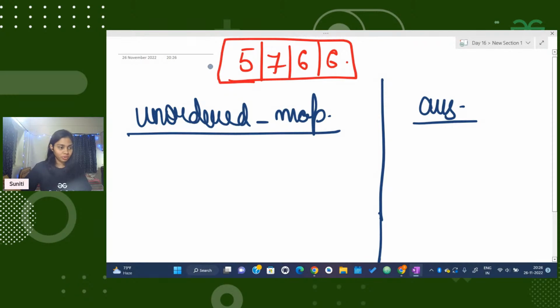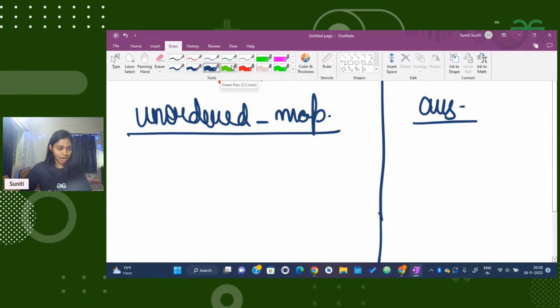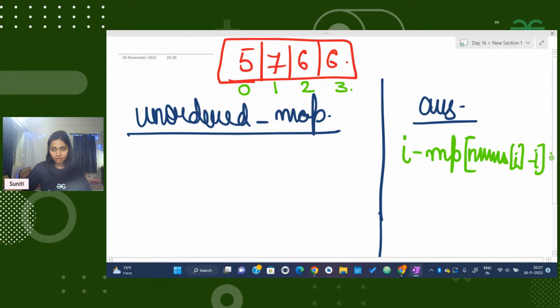Now what we are going to do is, for every i value, with indices 0 1 2 3, our answer is going to be i minus map value at nums[i] minus i.